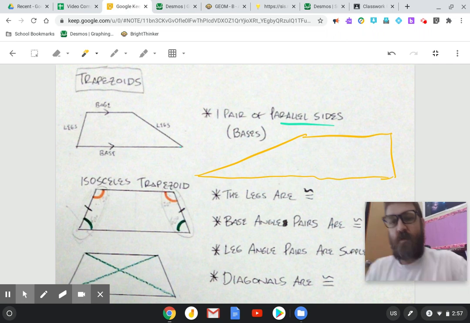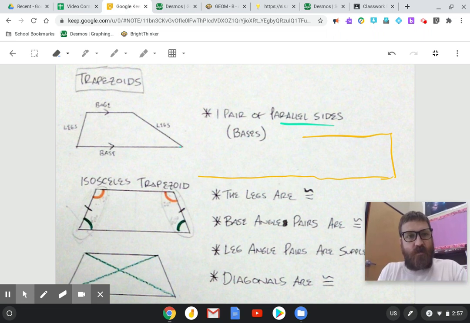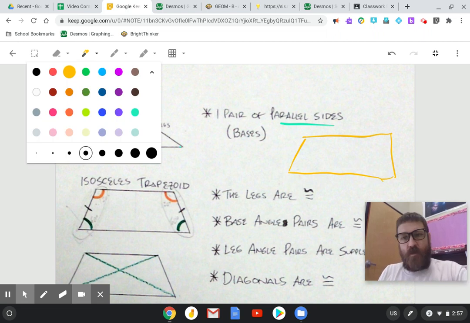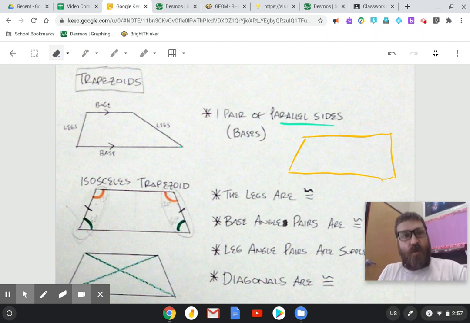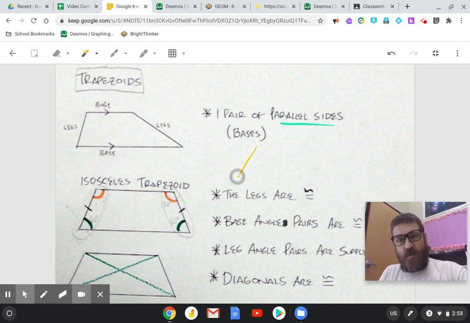You could have it with a really long leg stretching out that way. You could have them just barely kicked out like that. You could have one side going like that, and the other having a right angle.